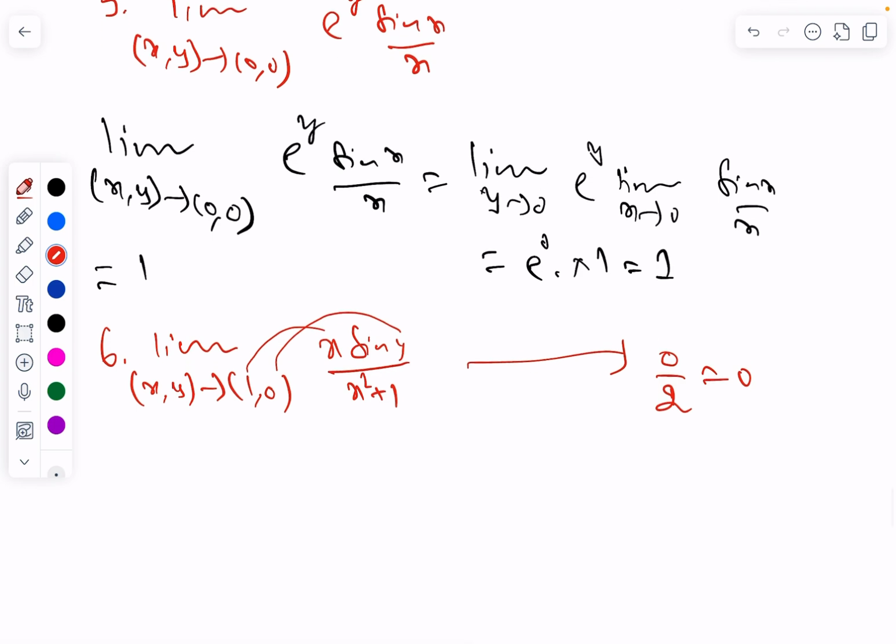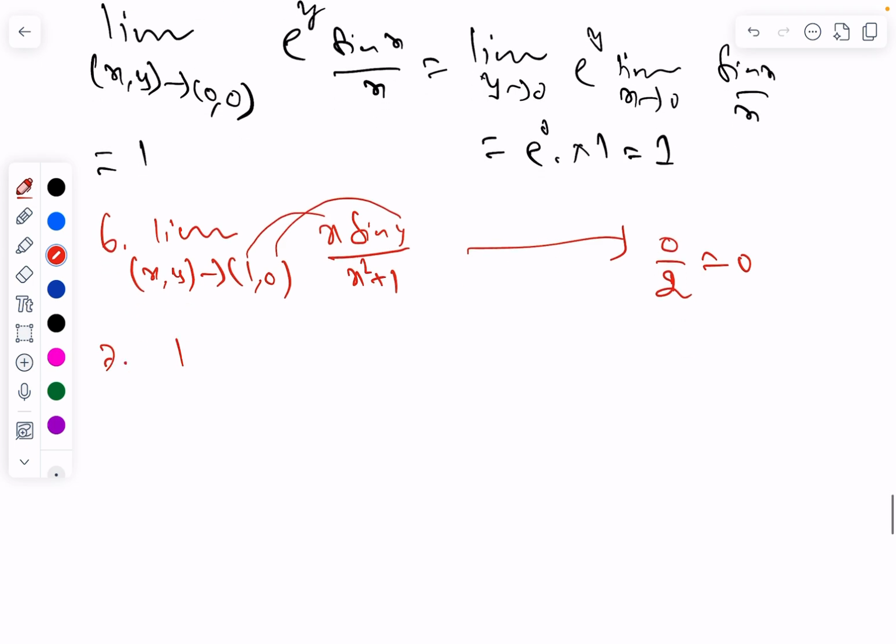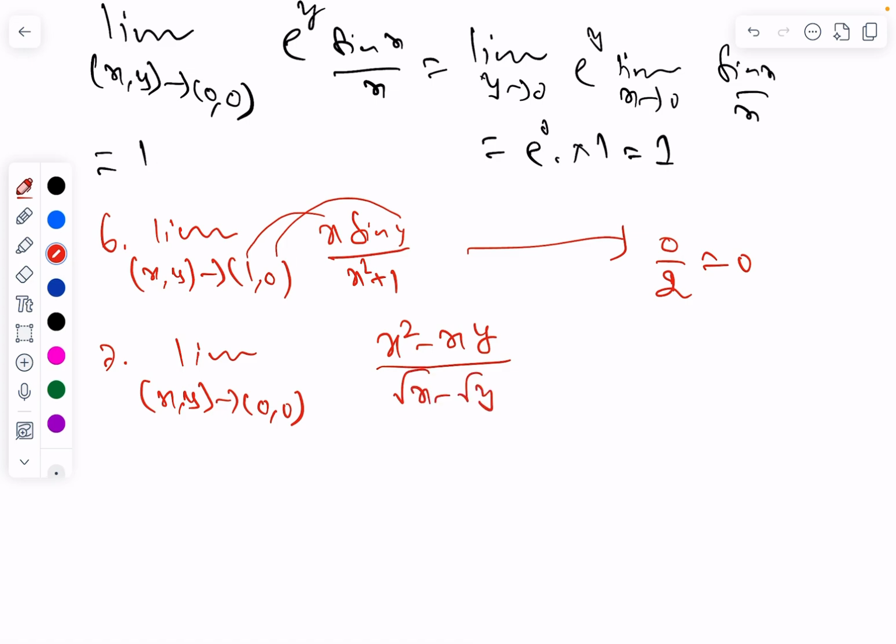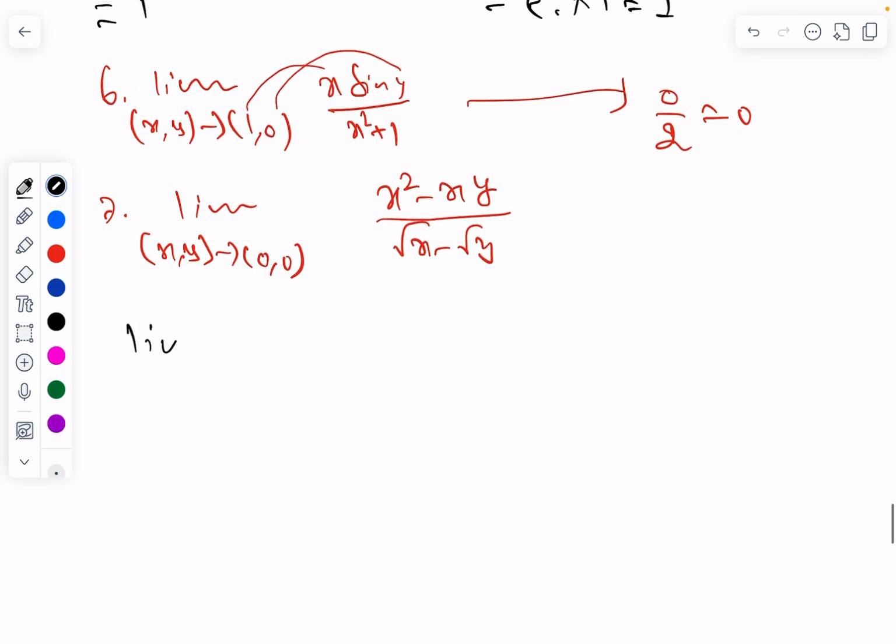Now we can rewrite the fraction and solve the example. That means we can simplify and then solve. So evaluate limit (x, y) tends to (0, 0) of x square minus xy over root x minus root y. We can take x outside, leaving x minus y over root x minus root y.